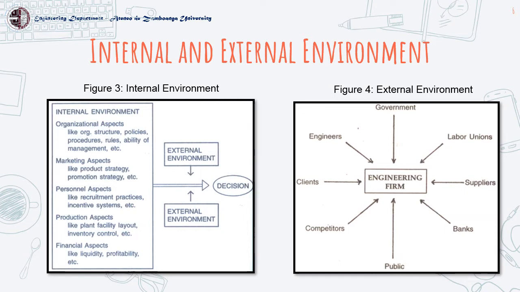All this will play an important role in decision making. For example, you cannot make a decision on things if you don't have the financial capacity. For example, buy additional machineries or hire more people if you don't have the financial capacity to do that. So those will affect your decision.